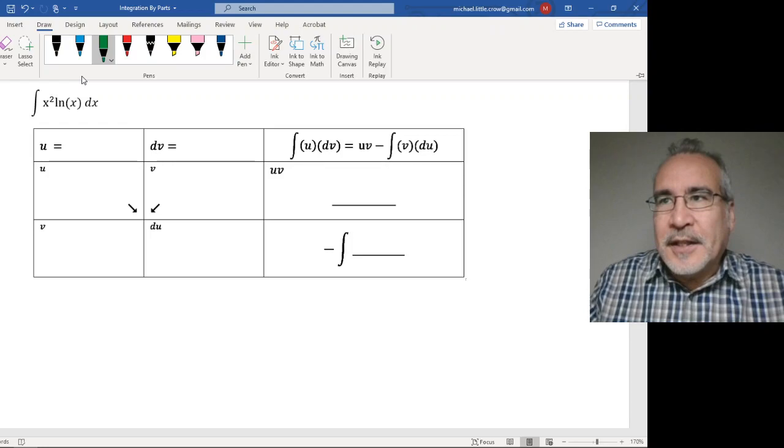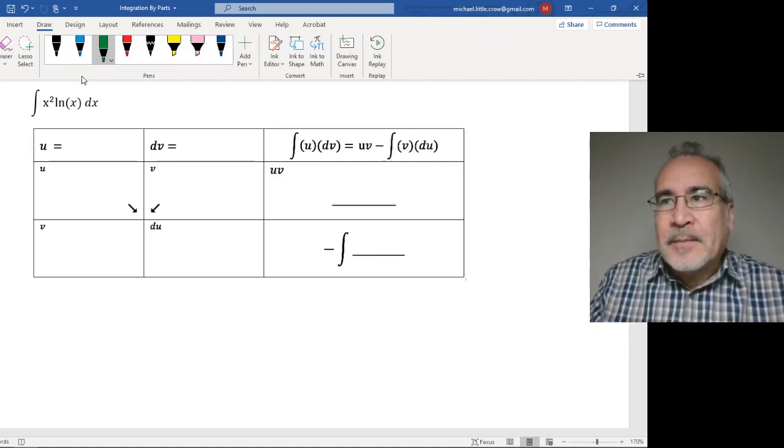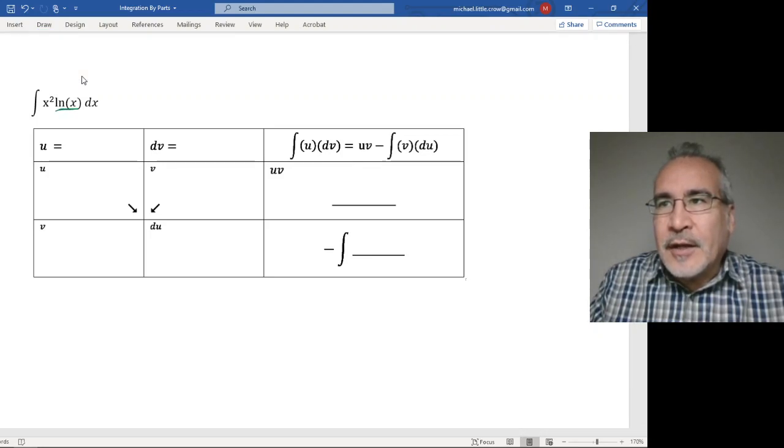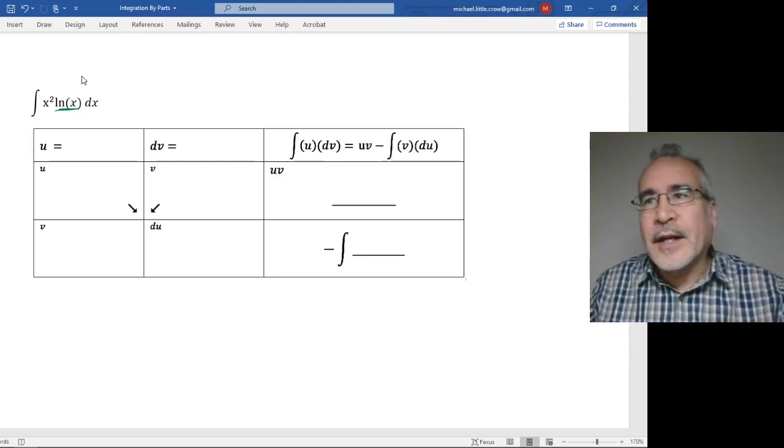But in this case, x squared would take two derivatives for it to go away, and then we would be integrating natural log of x, because this is sort of our natural two pieces here. It's either x squared and natural log of x. But we know that natural log of x from our last exercise, if we take its derivative, natural log is gone, right? It's 1 over x.